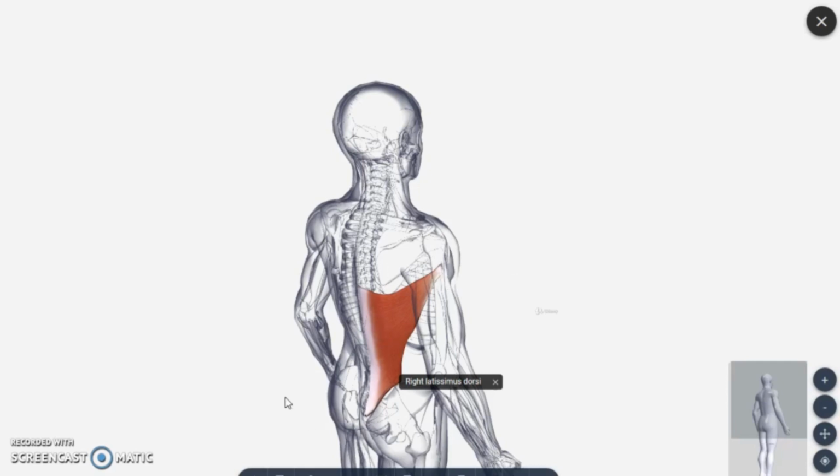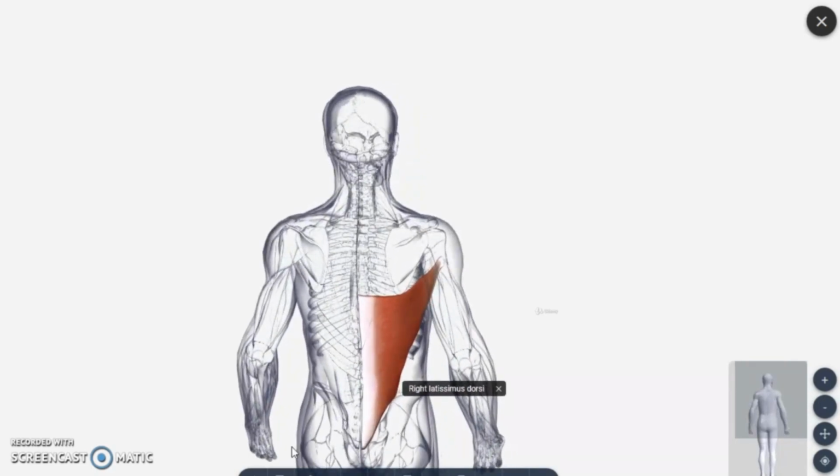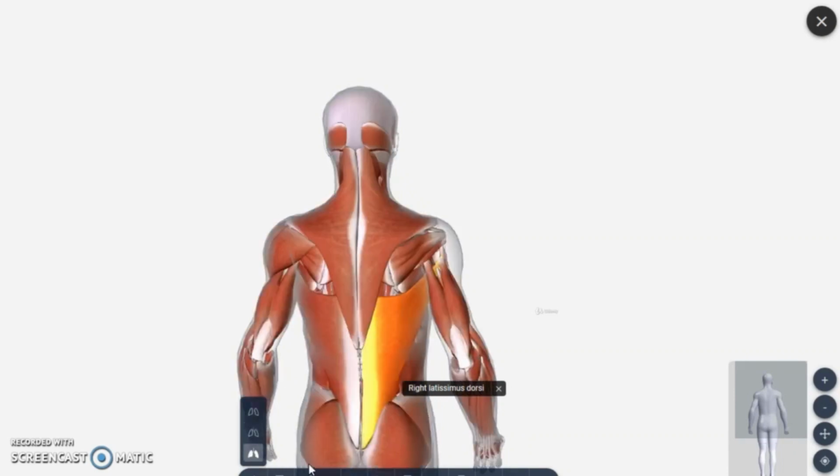Now we will move on to the deep layer below trapezius and latissimus dorsi. If you see the deeper layer, we will have many muscles present. For that we have to dissect these two muscles. First we will dissect the trapezius muscle. Once you remove the trapezius muscle, you can make out some muscles present just below it.